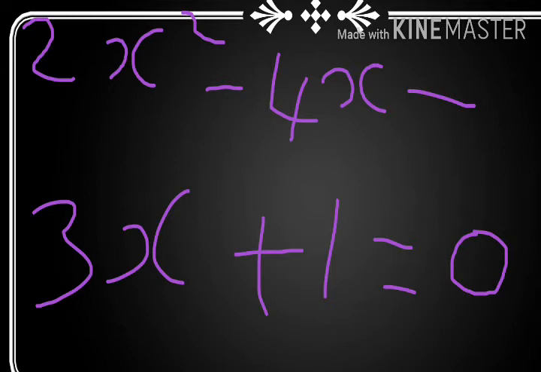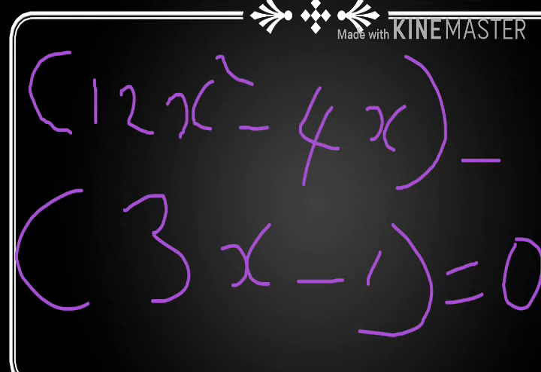So the first two terms are in one group, and the next two terms are in another group. But when we group, after the minus symbol we put the bracket, then we should change all the symbols inside the bracket. So here 12x square minus 4x in one group. Then after the minus symbol, we put the bracket.